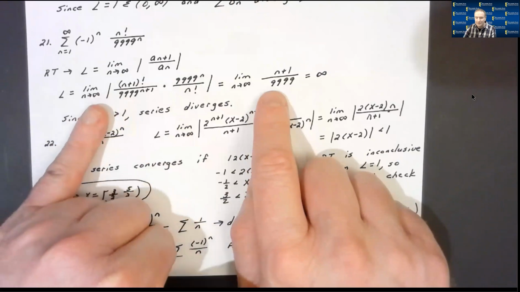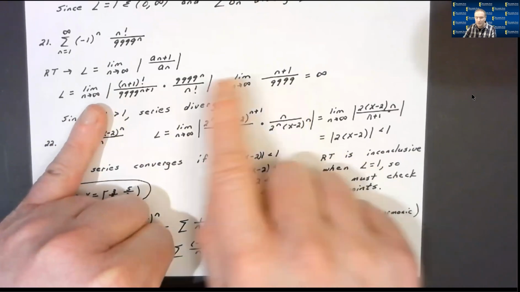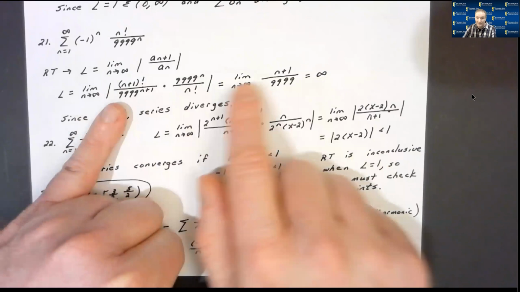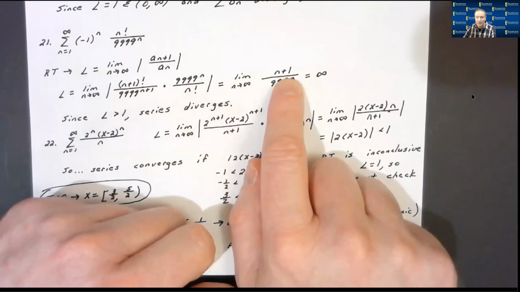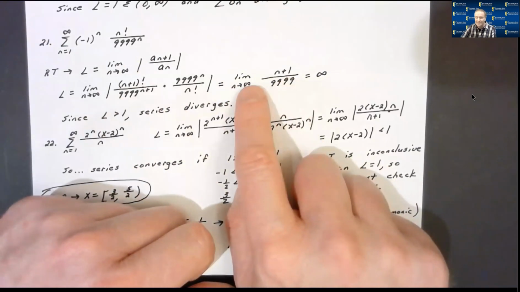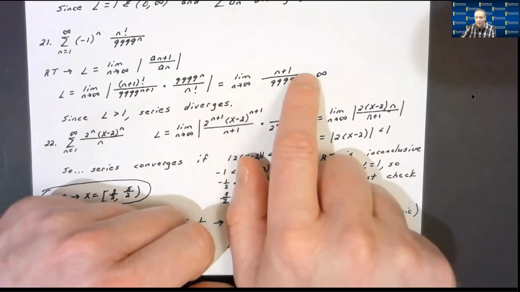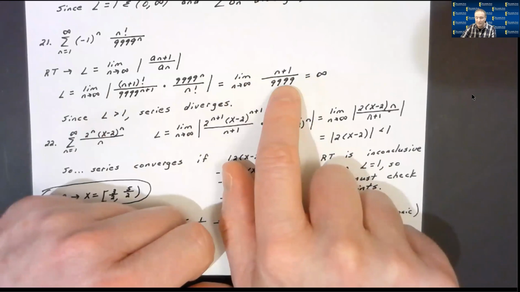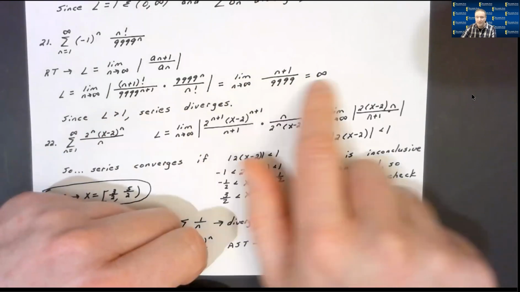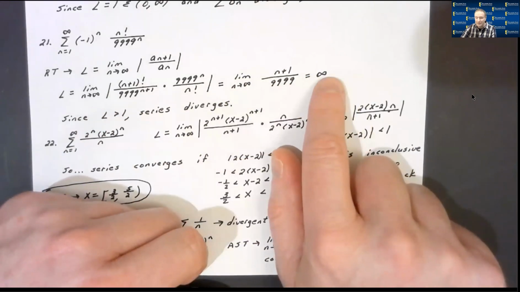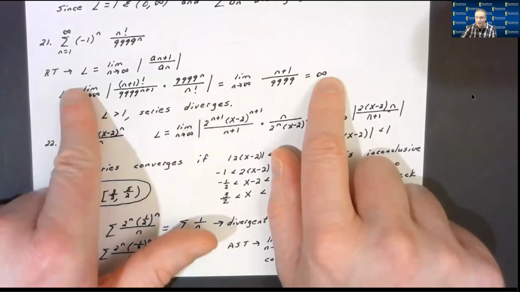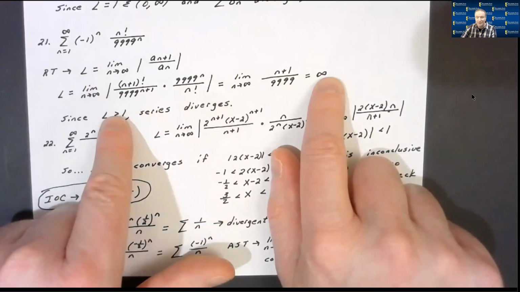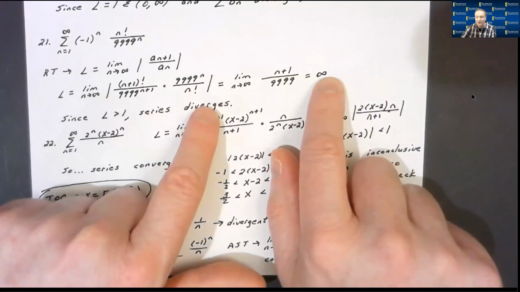Now, I need to take the limit of this expression, and you'll notice I took the absolute value off because all of these terms are positive anyway. But you say, well, as n goes to infinity, that numerator is infinity. Infinity divided by any finite number in existence is still infinity. So since that limiting value is infinity, our limiting value is clearly greater than 1, this series is going to diverge.